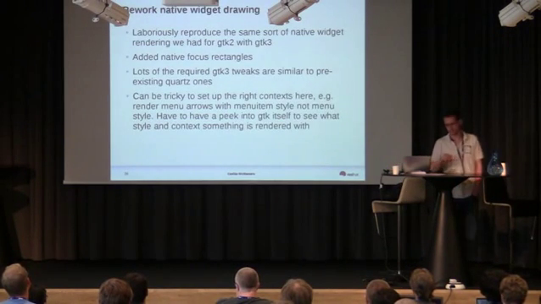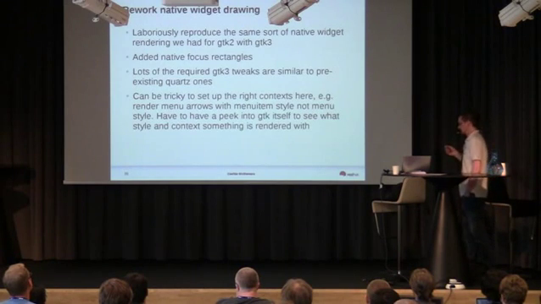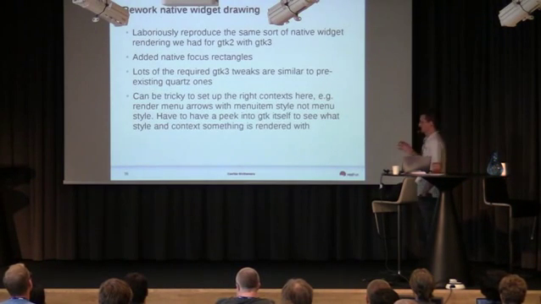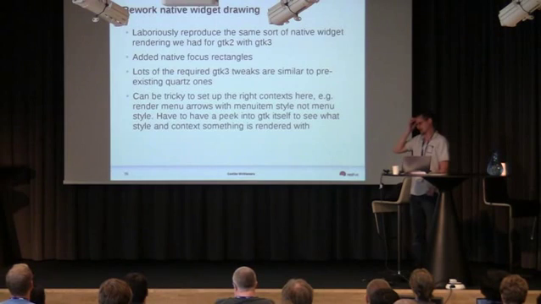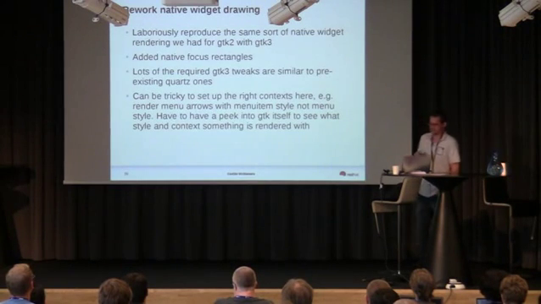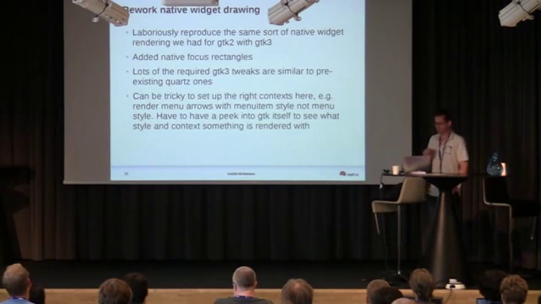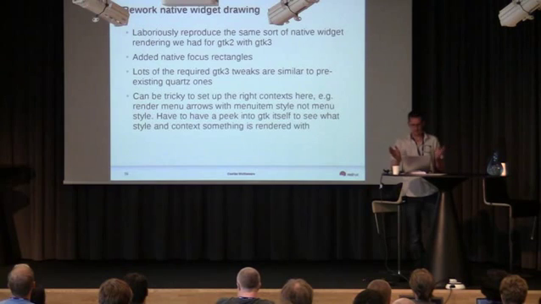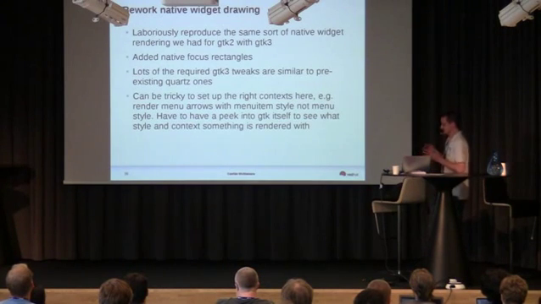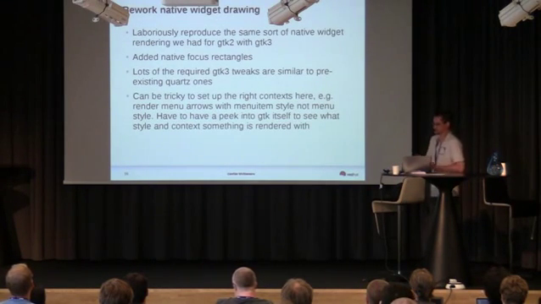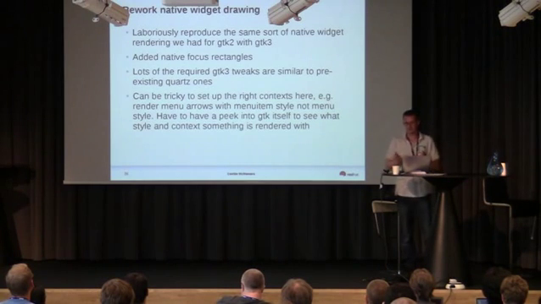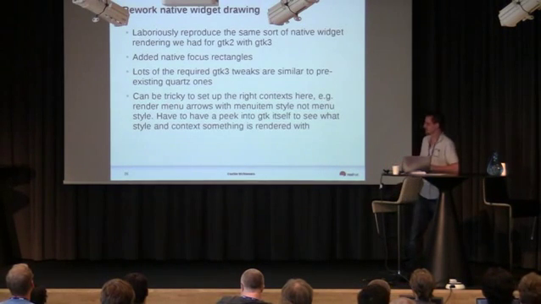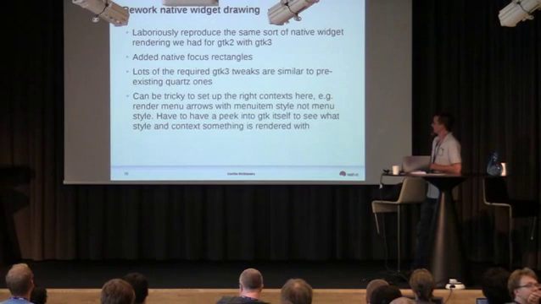The native widget drawing, some parts of it were implemented in our GTK1, so some things kind of worked, but not sufficiently that you could actually use it and be confident about it. So again, go through the entirety of what we did in GTK2 and come up with something that's equivalent in the GTK3 one, so at least we're visually similar in both cases.